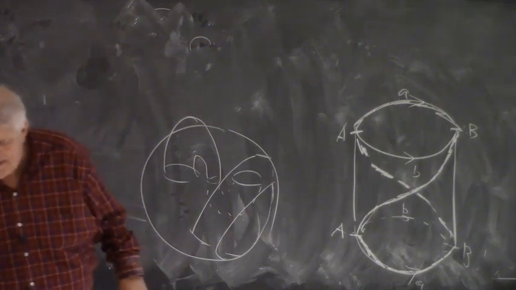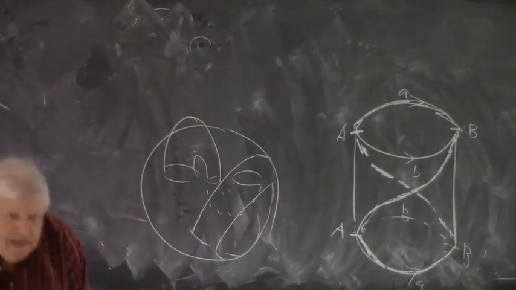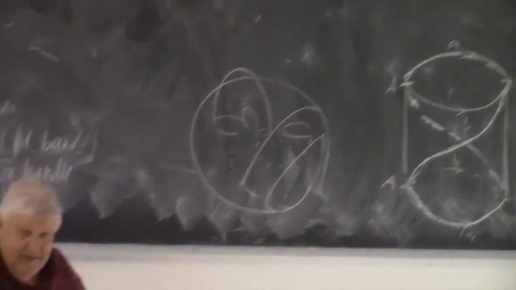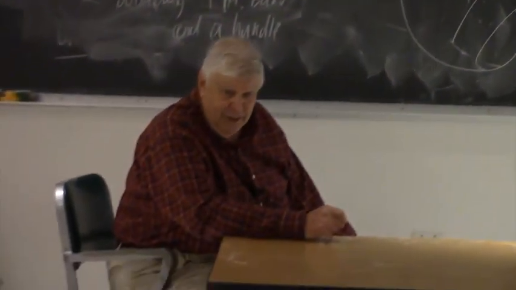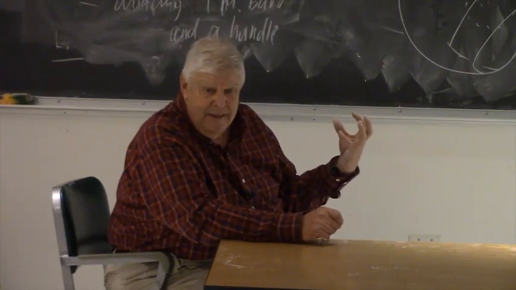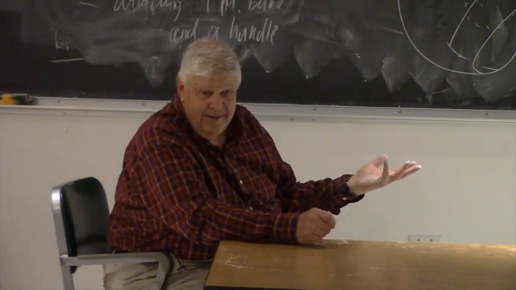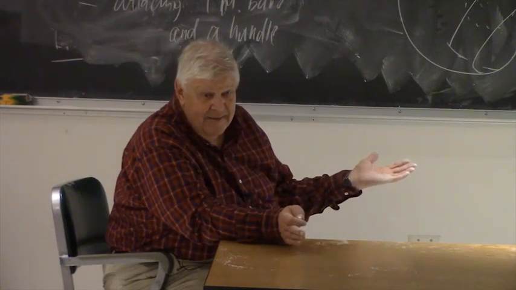So I want to say that if you attach an inverted handle to a surface which already contains a Möbius band, then it is the same as to attach the usual handle. That's all.